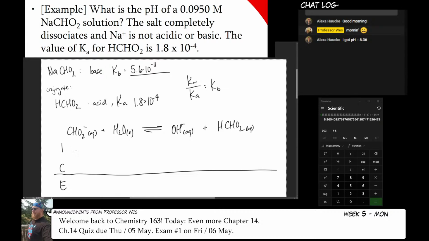I start with 0.0950 molar. Water nobody cares about. Hydroxide is essentially 0, and formic acid is 0. And then we just let it go to equilibrium. I react some reactants, I produce some products.